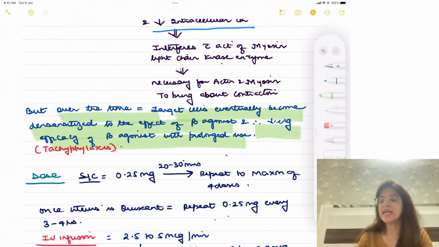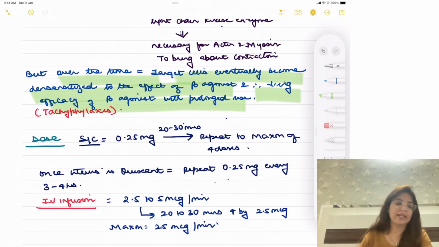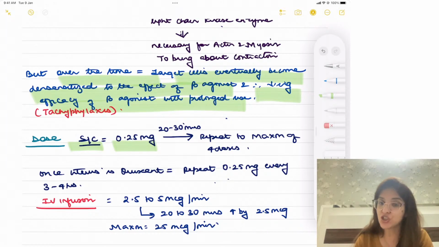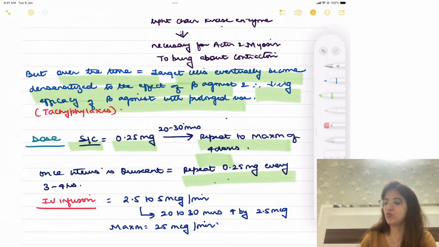Right? Now, the dose of terbutaline for tocolysis is important. You are going to give terbutaline subcutaneously, 0.25 milligrams initially, and you are going to repeat it every 20 to 30 minutes to a maximum of 4 doses to achieve tocolysis. Right? Now, once the uterus has become quiescent, then you can repeat 0.25 mg every 3 to 4 hours.